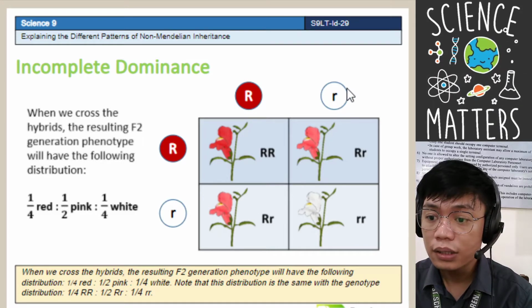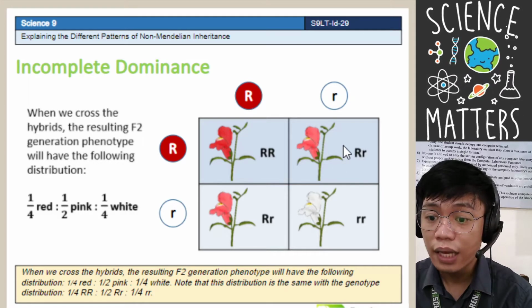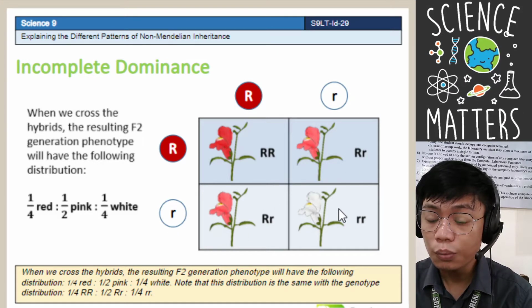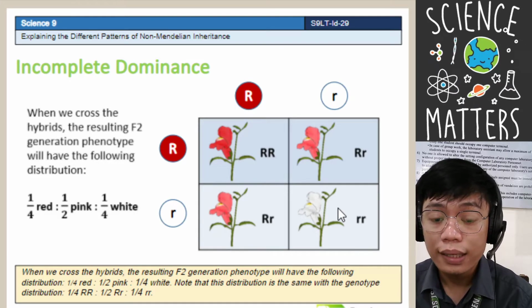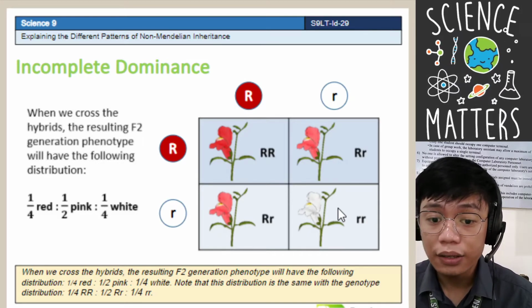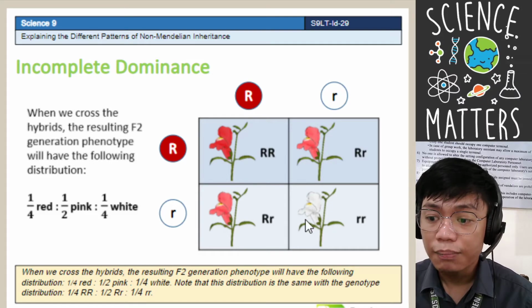Kapag naman pinag-cross natin yung R dito tas R doon, it will result to a dominant heterozygous allele. Okay? Kapag pinag-cross natin yung R at saka R doon, it will result to what? It will result to a recessive homozygous allele. Okay? Bakit homozygous?